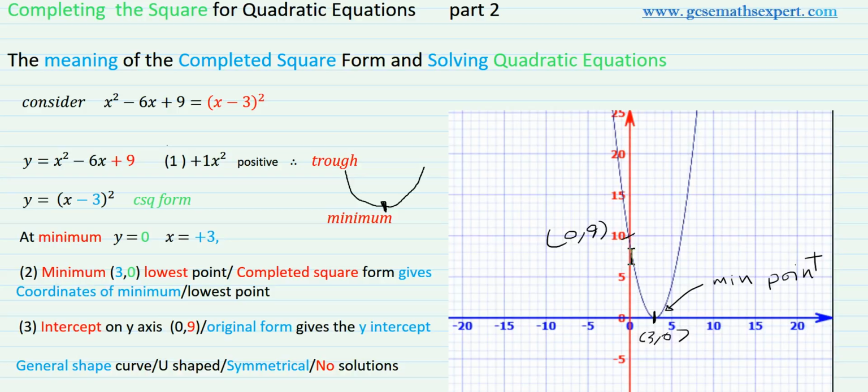Yeah, so initially you join these 2 points and you make a curve. Then on the other side, because this is a U-shape curve, it has a trough and it's a minimum, you just draw the opposite on the other side like this. So this is the minimum point, this is the y-intercept, and this is where it cuts the x-axis.